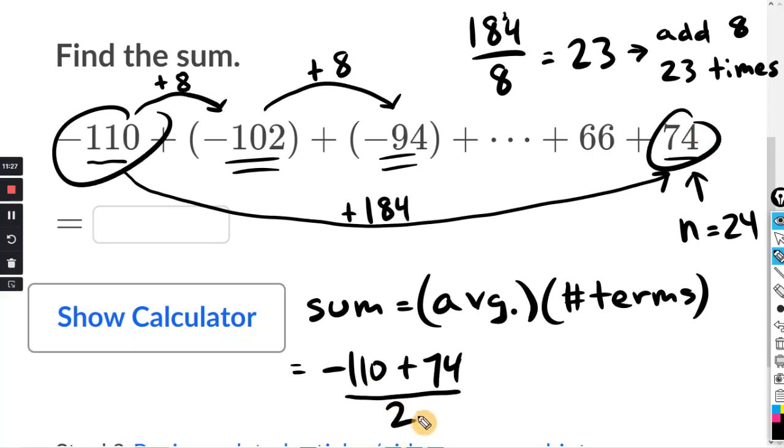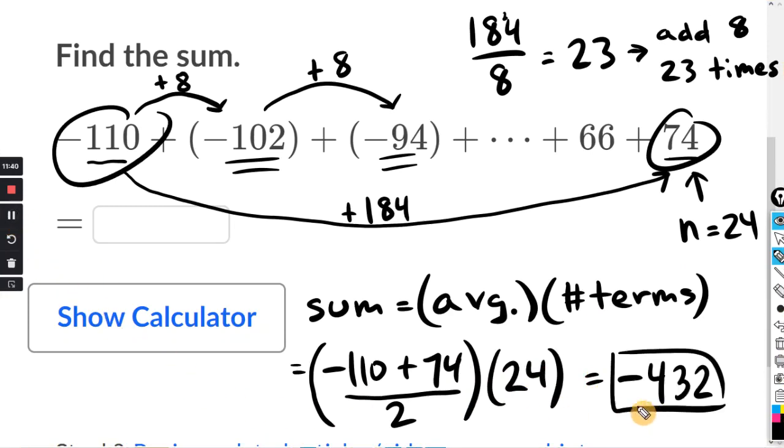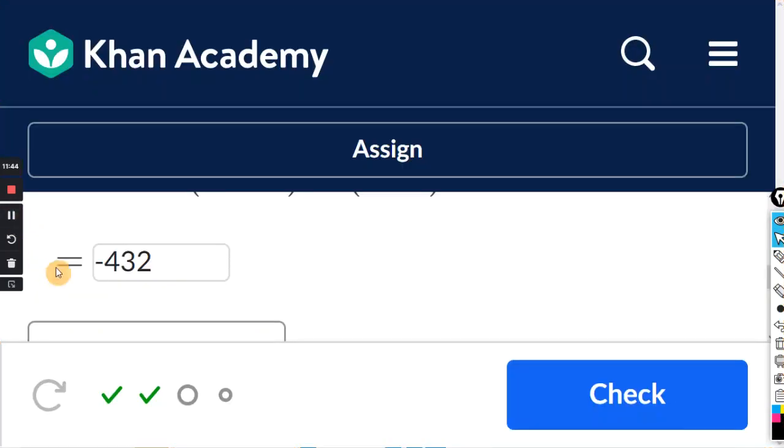And that's divided by 2, times the number of terms, which we said was 24. And we just use the calculator. And I get negative 432. Right in the box.